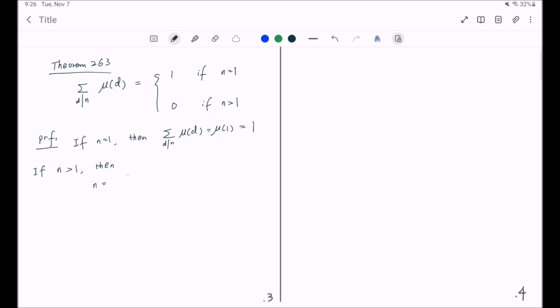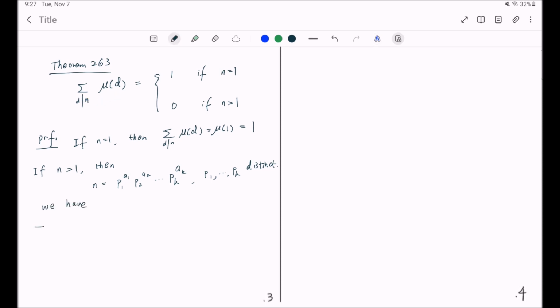Say n is equal to the product of p1 to the a1, p2 to the a2, all the way to pk to the ak, with p1 through pk distinct. And now we can calculate this sum.